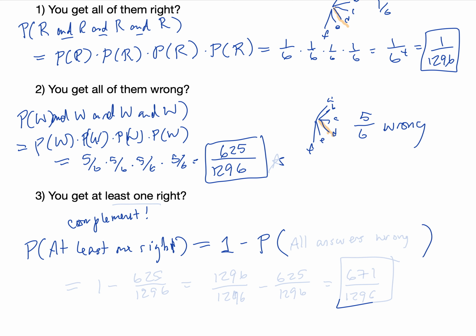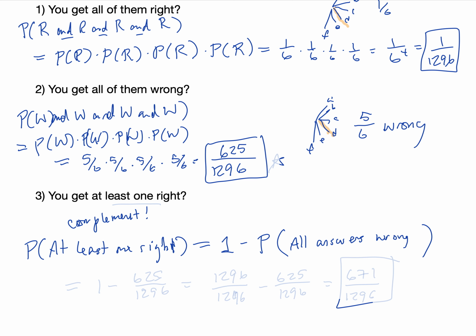We just have to think about what the complement is here. If you don't get at least one right, what happens? If you don't get at least one right, then you must have gotten them all wrong, right? All answers wrong.